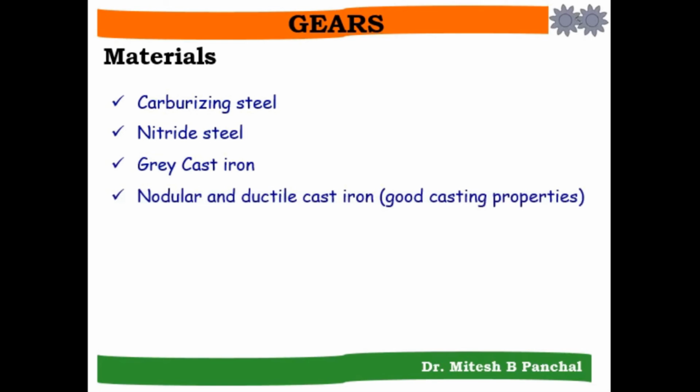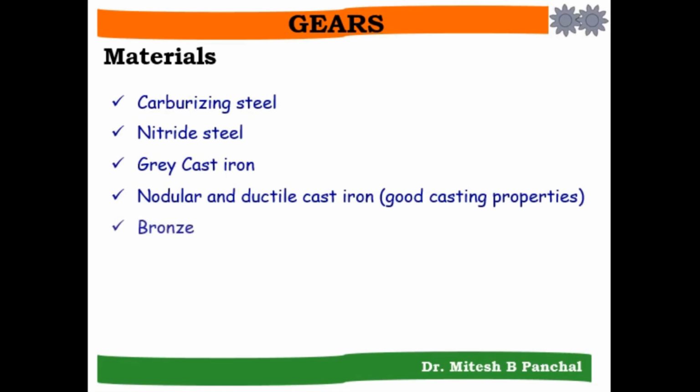Nodular and ductile cast iron: these two materials have good casting properties, so we can have gears with minimum or very few defects due to casting.